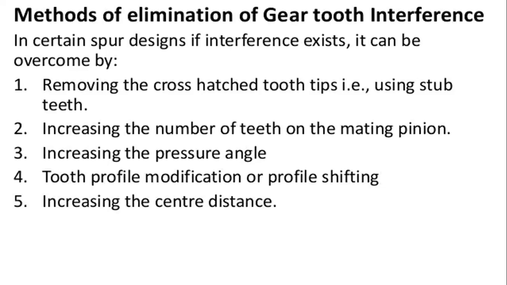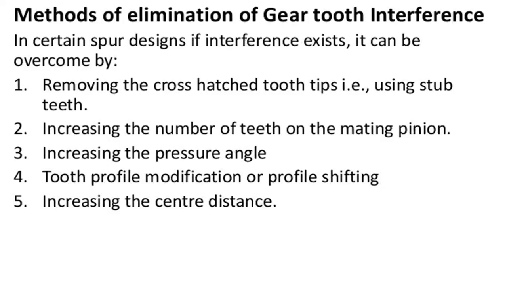So now let's see the different methods. The first one is removing the cross-hatched tooth tips, that is, using stub teeth.